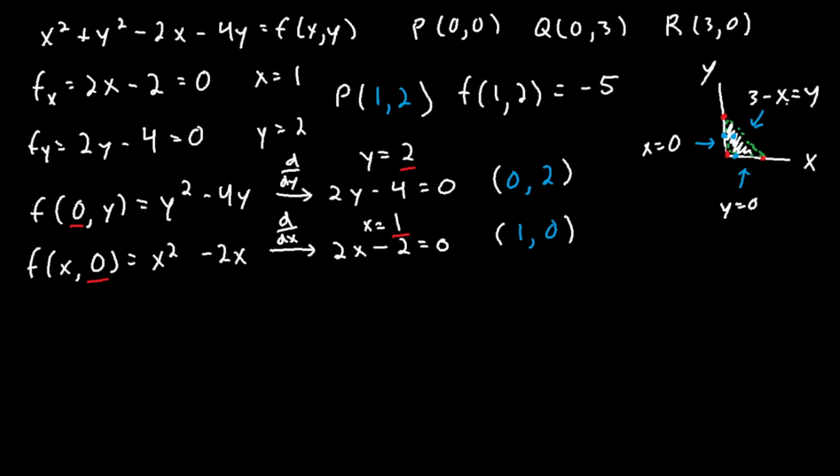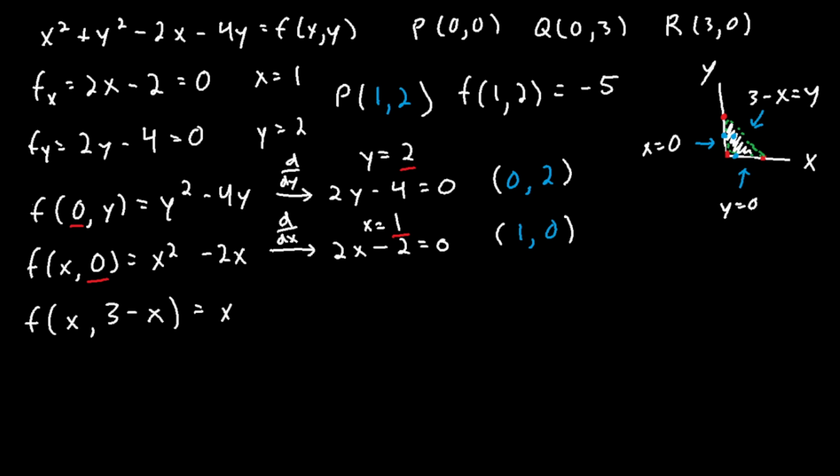Okay, one last one. We need to parameterize with 3 minus x is equal to y. Start with this. Let's keep x the same, and we're parameterizing for y with respect to y, so we just substitute y with 3 minus x. What do you get?